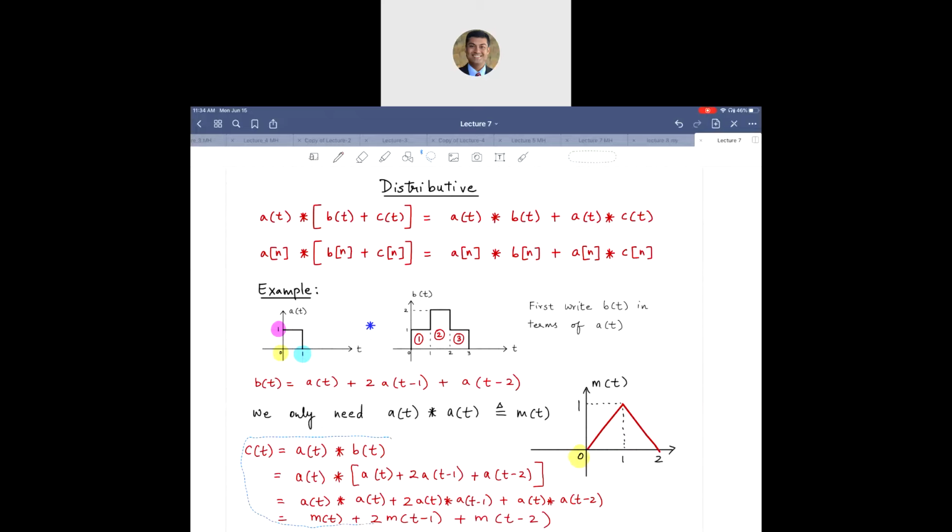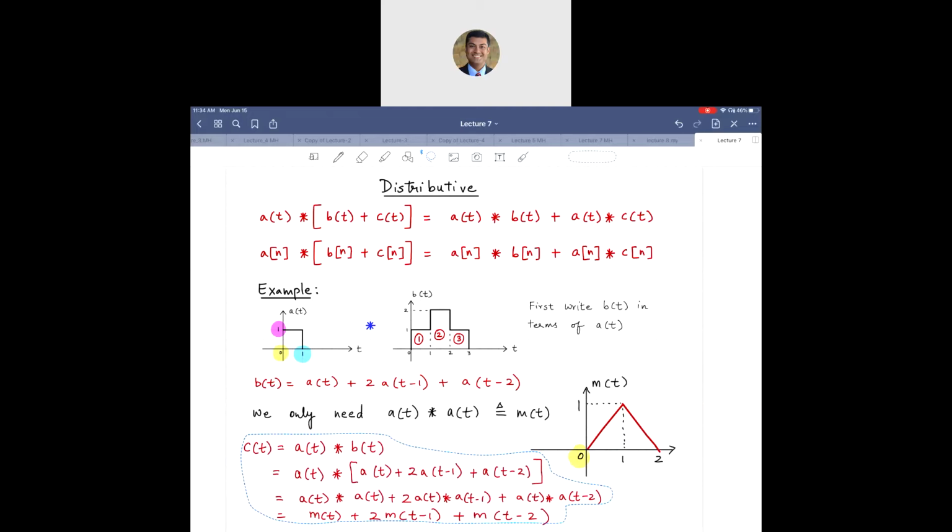So I use the distributive property and then the time shifting property to write these statements.